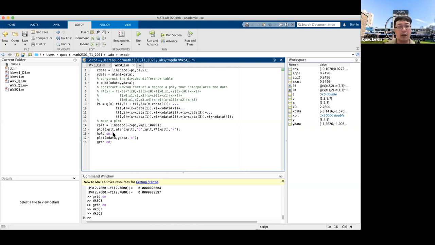It just means that you don't want this plot to disappear, because I want to plot the data points on top of it. So hold on just keeps the figure on, and you plot on top of it. Let me show you the output. So where is the output?